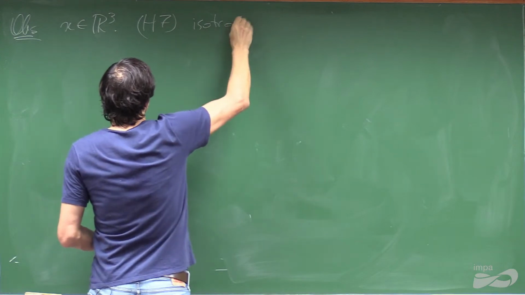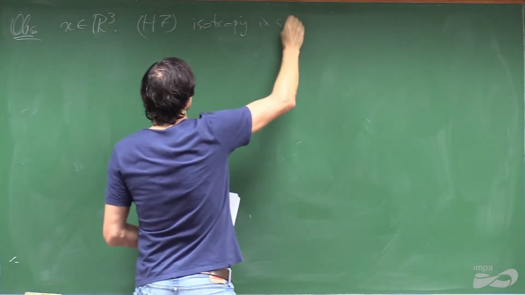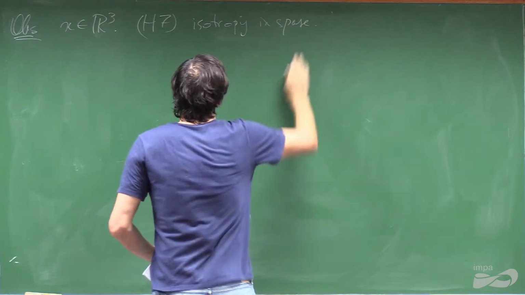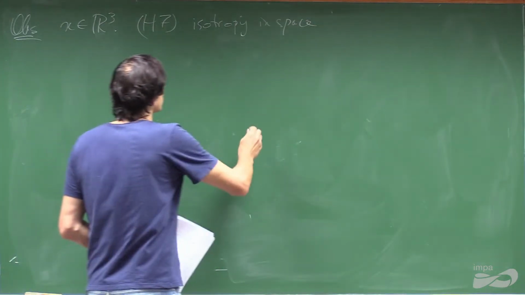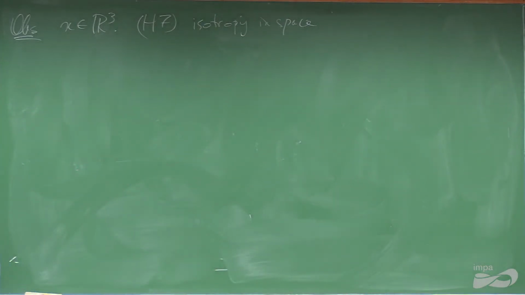Isotropy in space, which means that the space is the same in all directions.